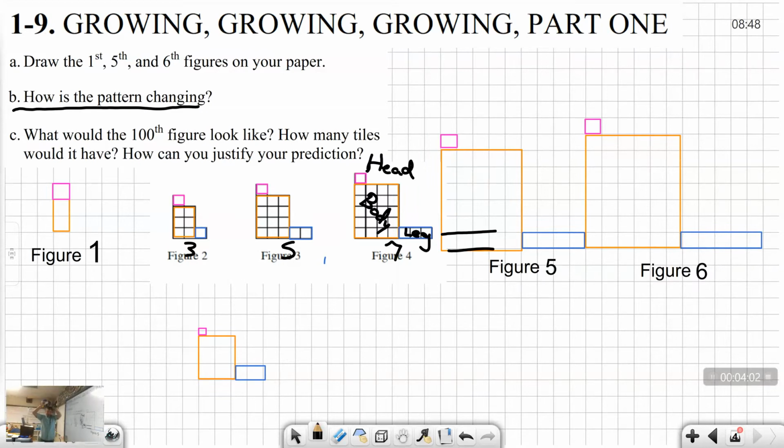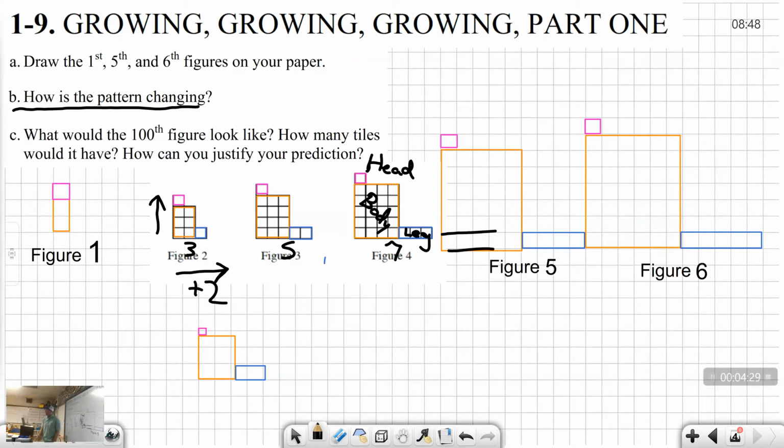Now, some of you noticed that going up, how did it change going up? It always grew up by 1. Notice, 3, 4, 5, 6, 7. Always grew up by 1. How did it grow to the side? By, Gabby? 2. It always grew by 2.